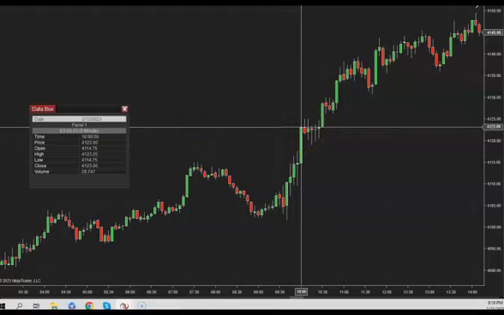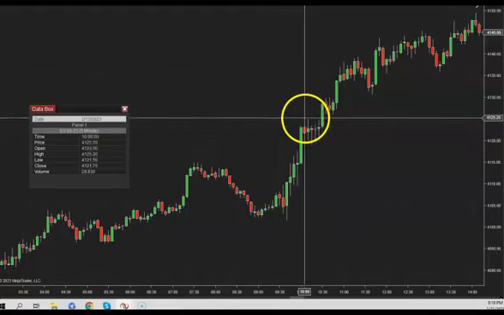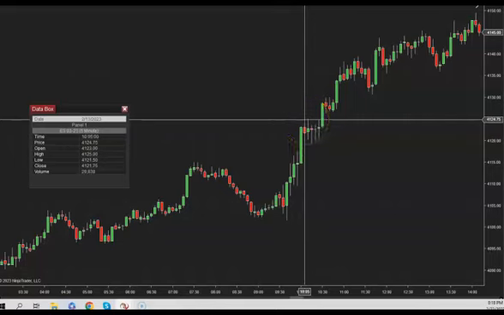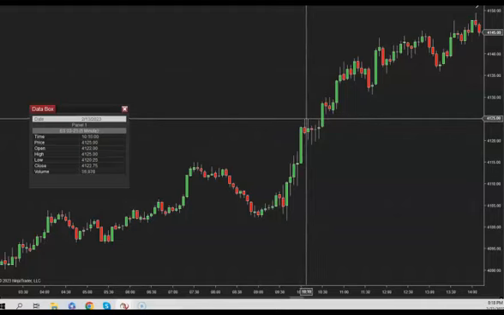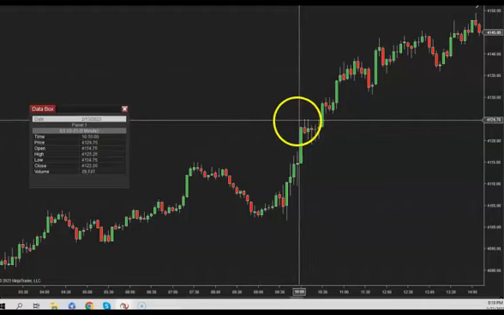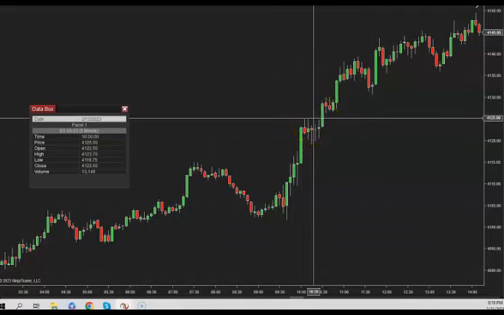At 10 a.m., it's at 41.23. This is a 5-minute chart. So 10:05 and 10:10, the highs of these two bars, you're up to 41.25. So what would be considered confirmation is a break above the 41.25 area.